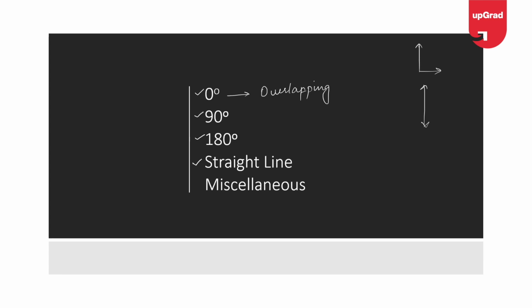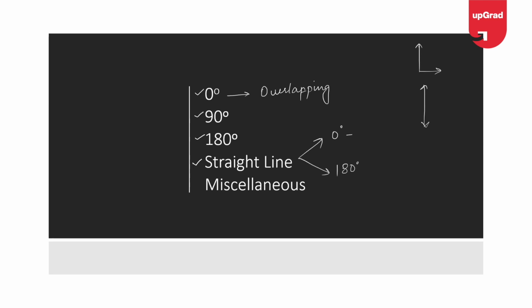The next one, and a very important one, that's a straight line. Now you may think that we have already catered to straight line concepts, that is, when they are in 0 degree frame, then why are we doing it separately? Because straight line comprises of both the concepts, that is 0 degree and also 180 degree.